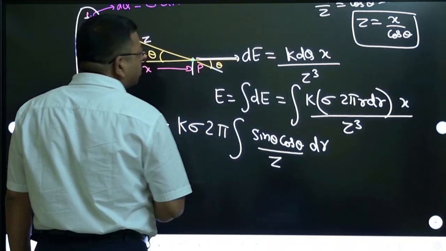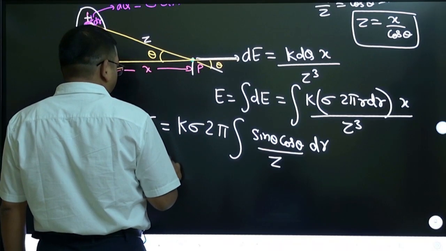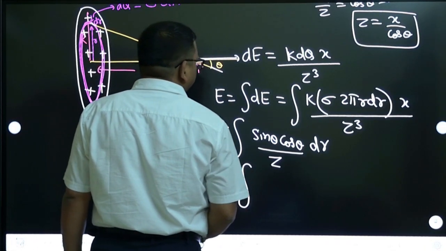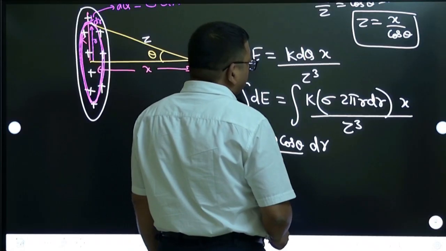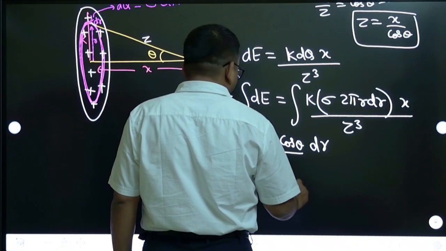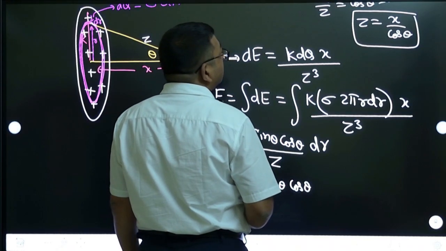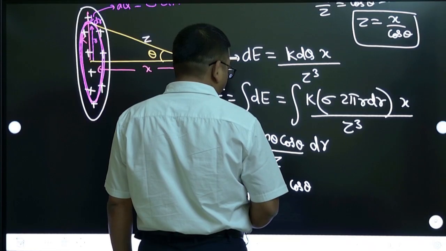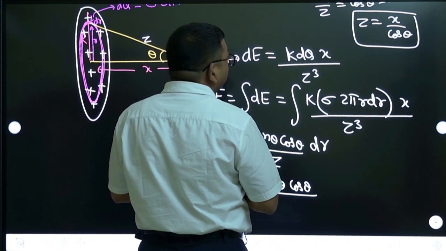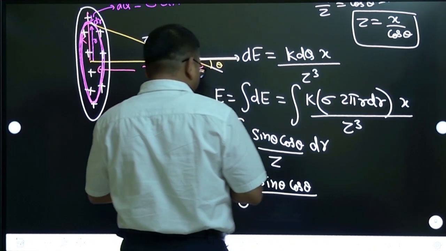Z we can substitute. So E becomes k sigma 2 pi integration of sine theta cos theta z, and dr also we need to substitute now.